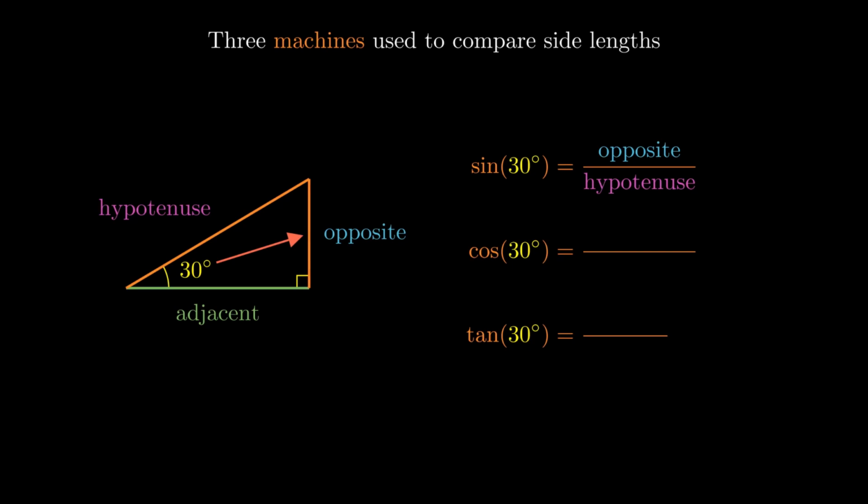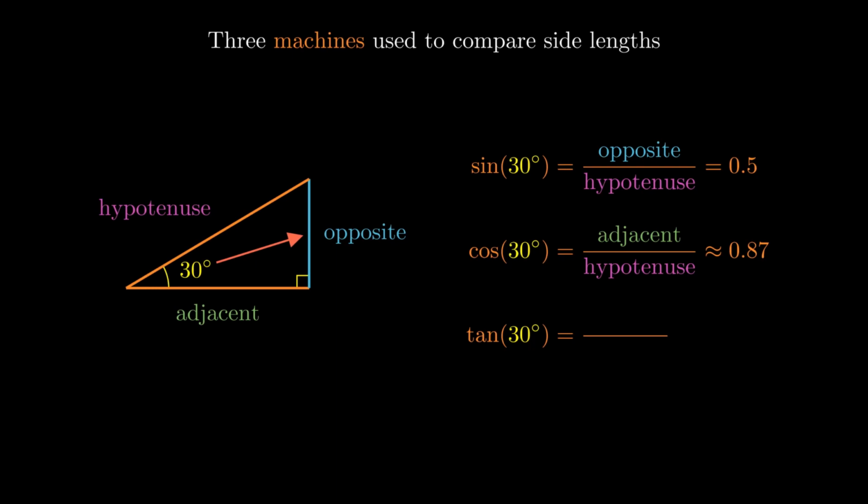We saw before that for a 30-degree angle, it's actually exactly 0.5. The opposite side is exactly half the length of the hypotenuse. The next one, the cos machine, that one's built to compare the adjacent side with the hypotenuse. So they go in the fraction in that order as well. This happens to be about 0.87, so for this triangle, the adjacent side is about 87% of the length of the hypotenuse.